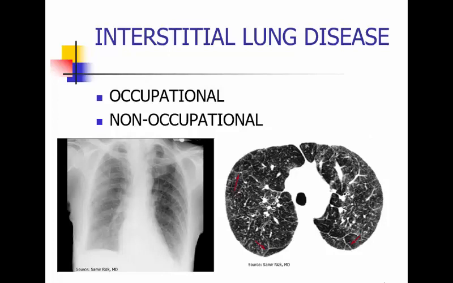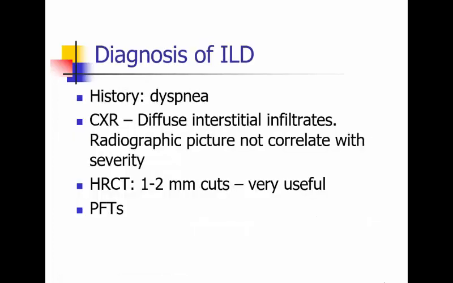As I mentioned, most or all interstitial lung diseases are associated with a restrictive lung pattern on pulmonary function test, and most probably you will see increased markings of the interstitium, and if you get a CAT scan, you will see the same diffuse interstitial marking as well.